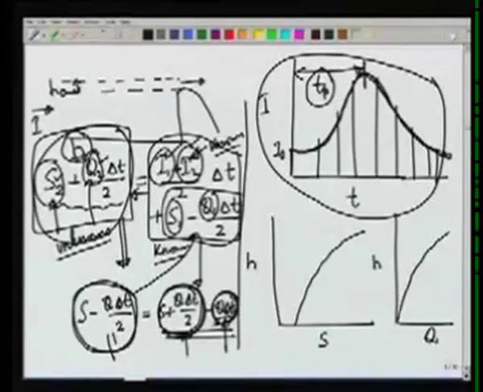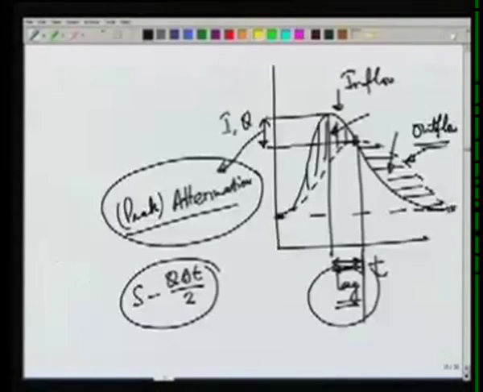Sometimes we can directly prepare this plot similar to S plus Q delta T by 2. We can prepare another plot which will have S minus Q delta T by 2, and using this graph we can directly obtain the value without going through that additional step of computation.